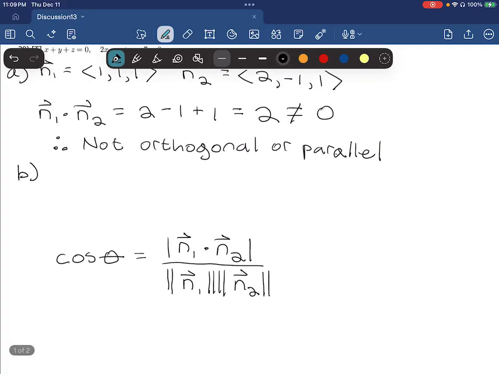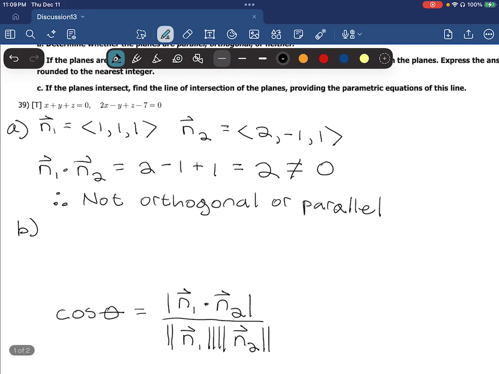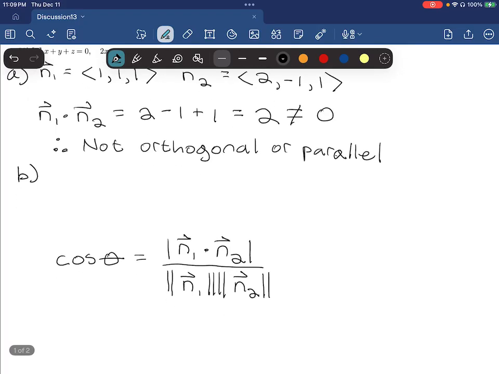So we already have the dot product of the normal vectors. So let's get the magnitudes.